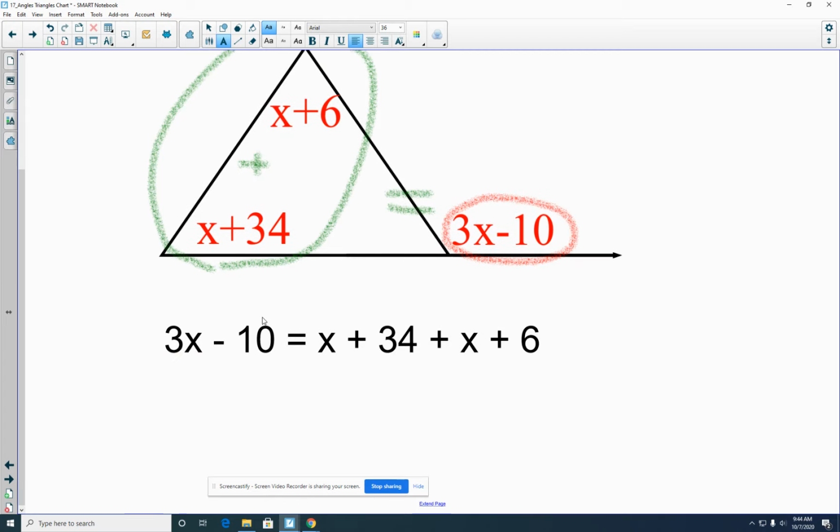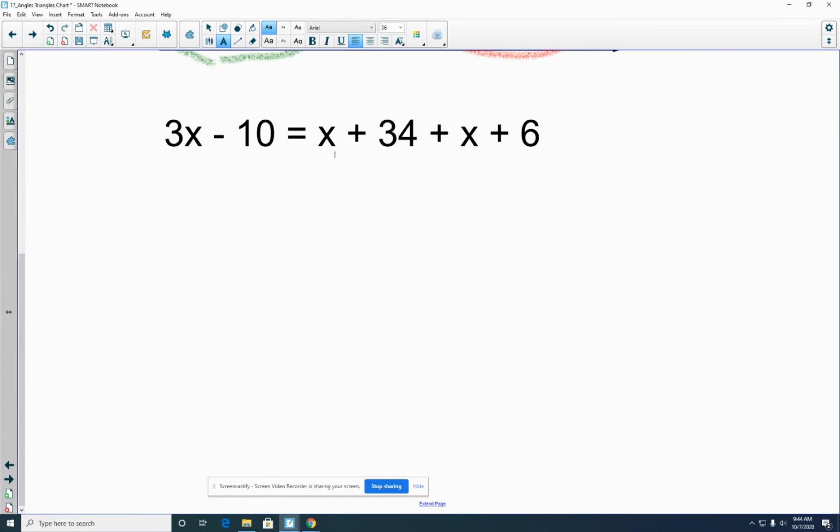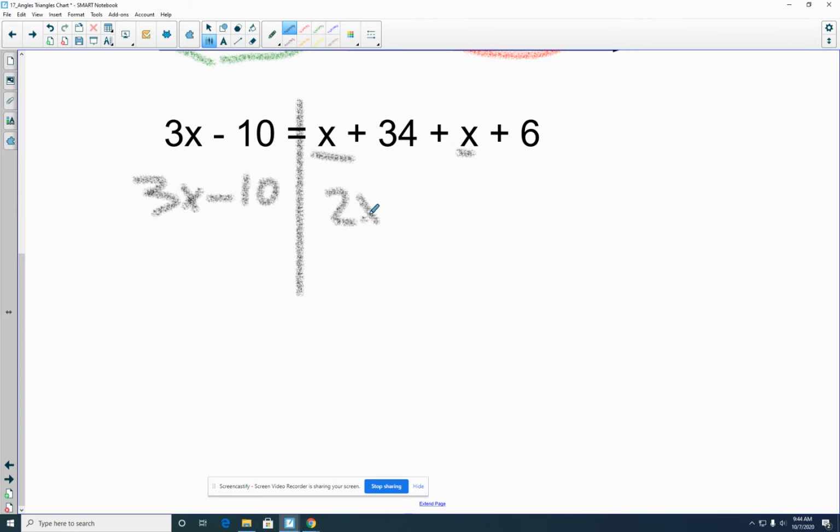Perfect. And now we just go ahead and we solve, right? We have to find the value of x. I'm going to draw my line down the middle. I could bring down the 3x minus 10. Combine like terms, so x and x is 2x. 34 and 6 is 40.